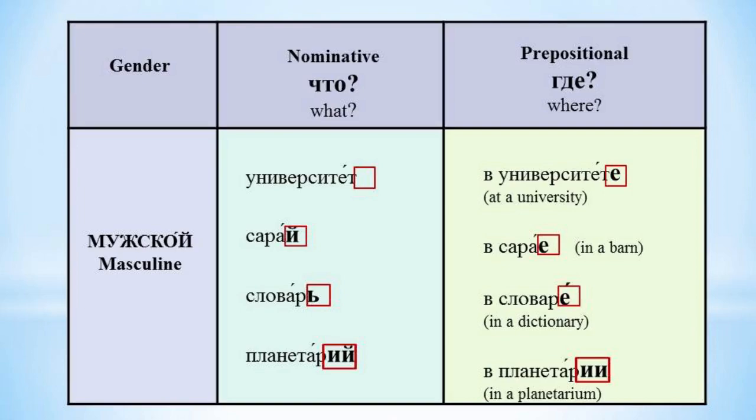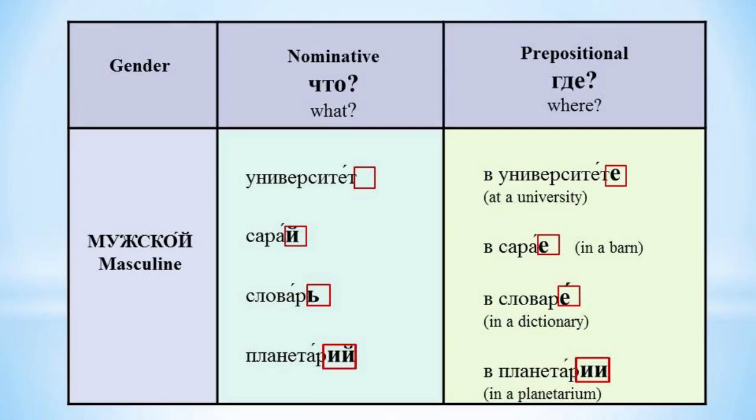Сарай, в сарае. The same system works with masculine nouns with a soft sign at the end, like словарь, в словаре. So you can see that we removed the soft sign and we put the letter «е» instead of the soft sign.